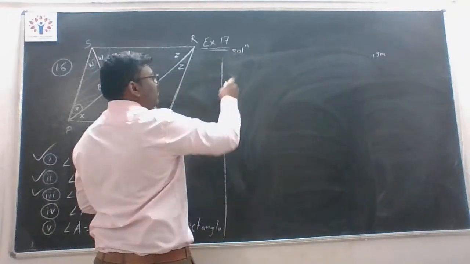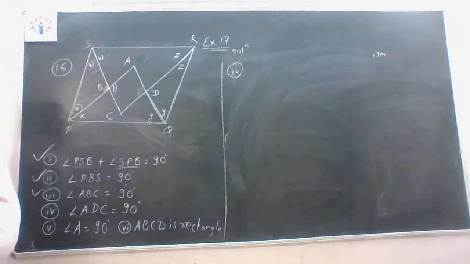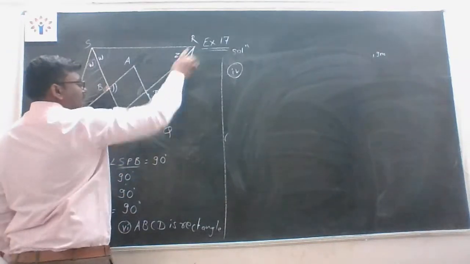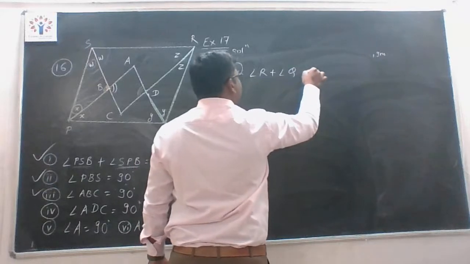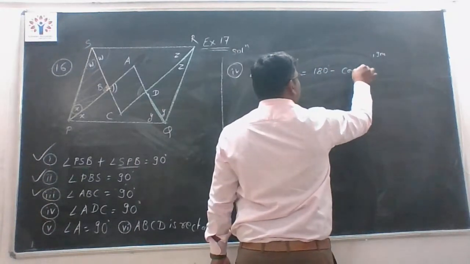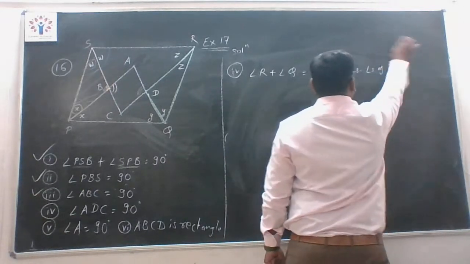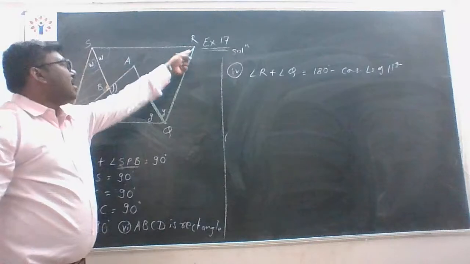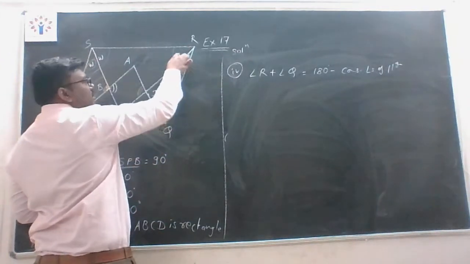Now this is the solution for the fourth sum. In this fourth sum, we can say angle R plus angle Q is 180. And the reason is what? Consecutive angles of parallelogram. Angle R means what?